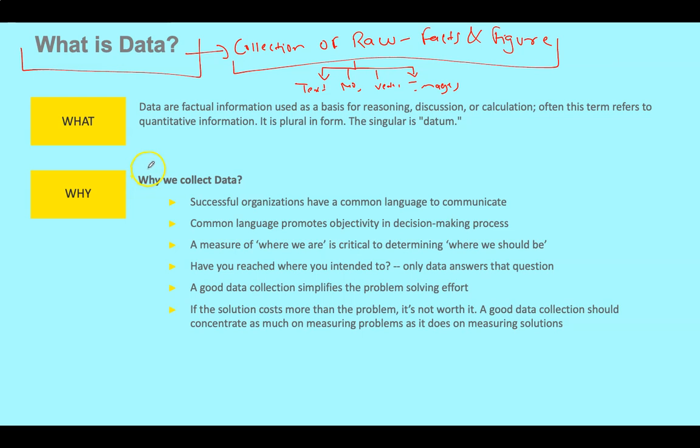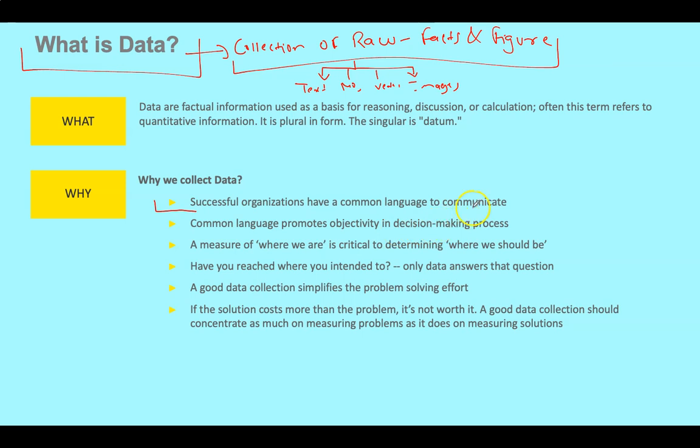Why do we require to collect data? We require to collect data so a successful organization has a common language to communicate, and this common language promotes objectivity in the decision making process. Also, measuring where we are is critical to determine where we should be.